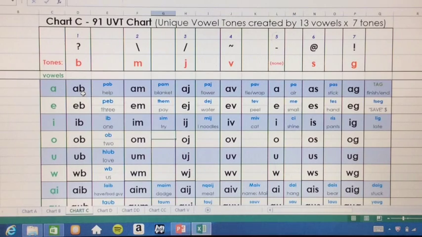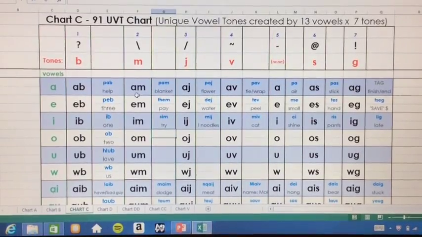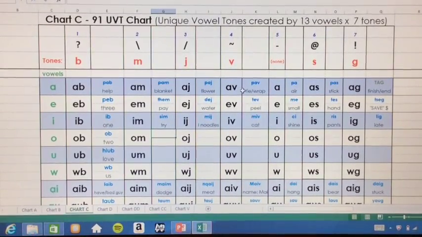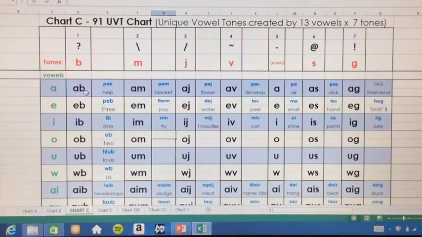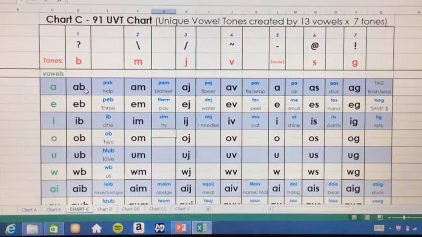Starting from left to right, pronouncing the vowel A with each of the 7 tones will sound like this. A, A, A, A, A, A, A. Notice the Hmong words in blue, I added the consonant P to each of the UVTs, and that creates a total different word.